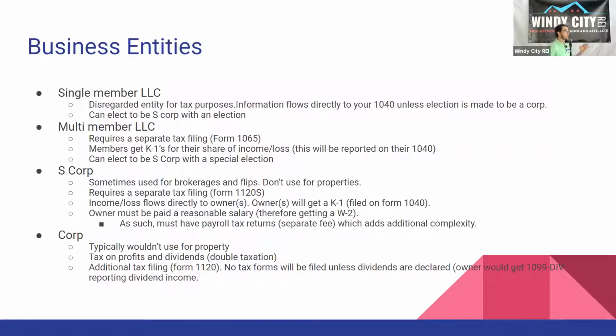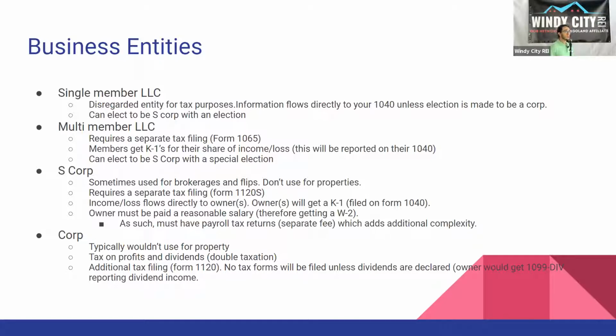The last thing I wanted to touch on is business entities. So single member, and this is only for tax purposes, not any legal purposes. Single member LLCs are disregarded entities for tax purposes, meaning the information basically flows to your 1040 unless it's made to be an S corporation, which you can elect with a special form.